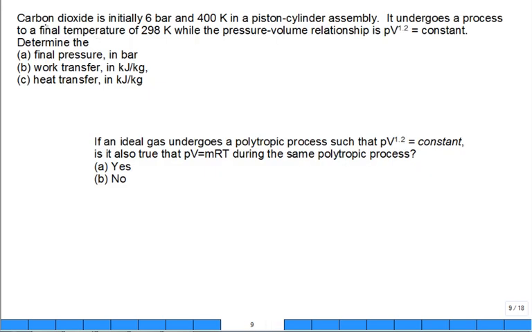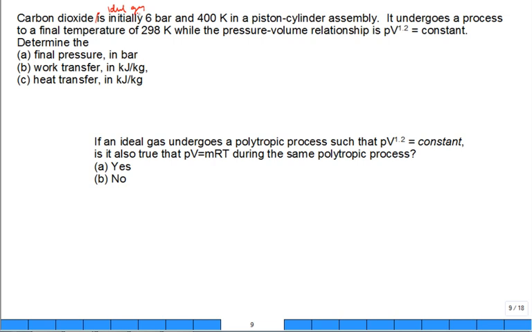Here's a problem, and then I have this question. Carbon dioxide, and I'm going to say right away, carbon dioxide is a great ideal gas. All right? So let me just say this is an ideal gas. It is initially at 6 bar and 400 Kelvin in a piston cylinder assembly.